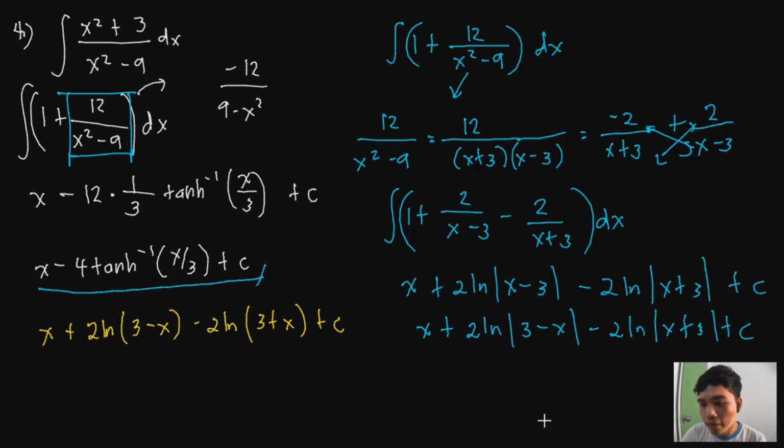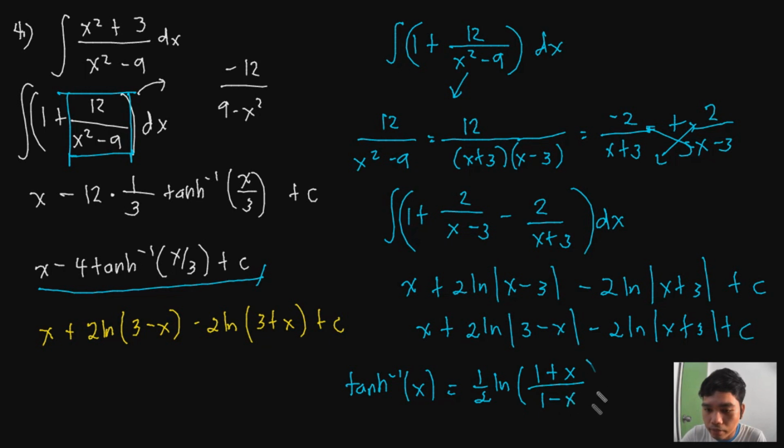Now, remember, yung ating inverse tangent, diba? This is the inverse hyperbolic tangent of x. This is equal to 1 half the natural logarithm of 1 plus x over 1 minus x. Okay?